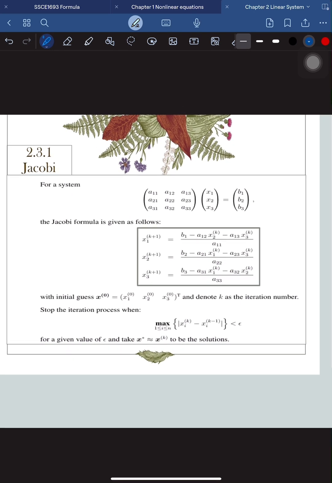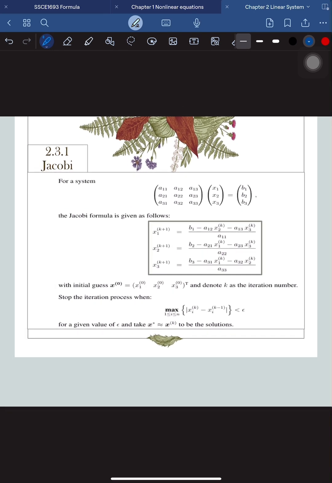So the first method, if we want to apply the iteration method, is the Jacobi method. For the Jacobi, you have to make x1 the subject of the first equation, x2 the subject of the second equation, and x3 the subject of the last one. This one is for k plus 1, the one that we want to calculate, and the others will be k.